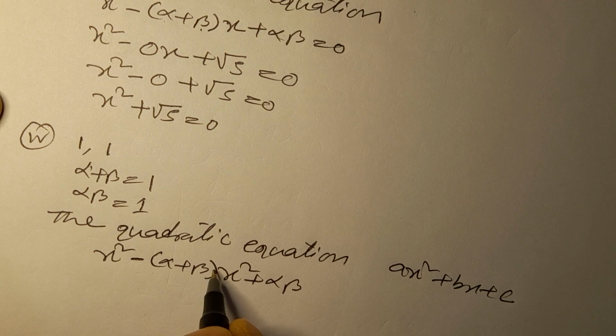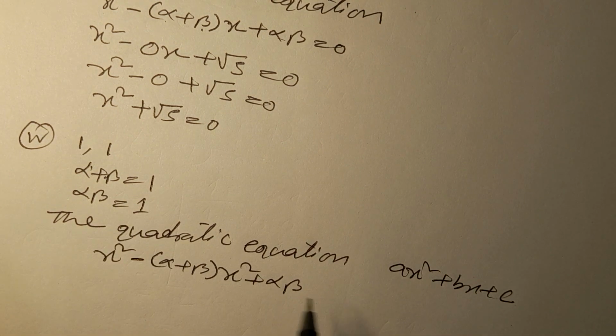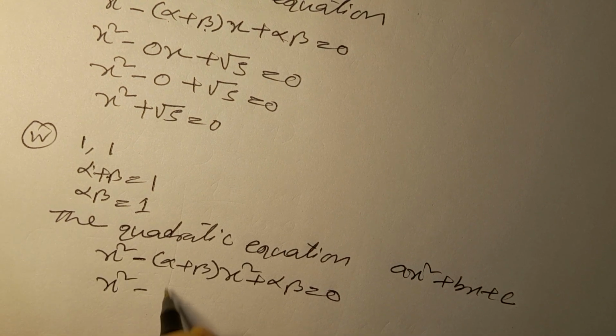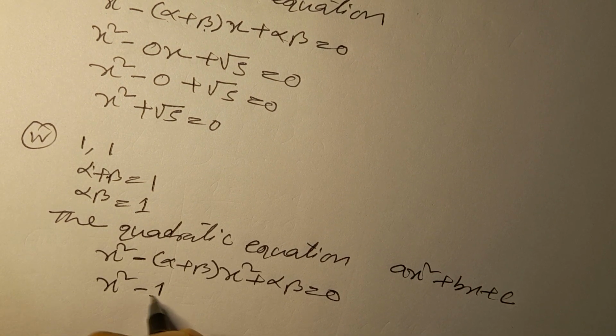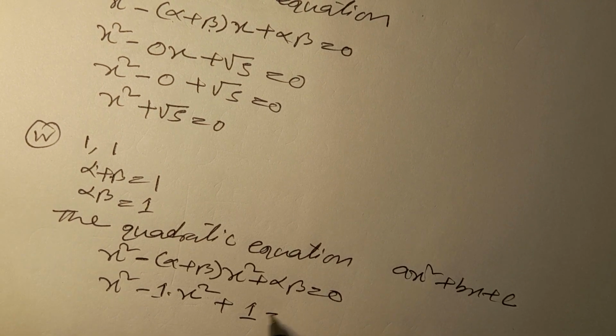So the sum of zeros is 1 and the product is 1. Now place it: x square minus sum 1, x plus product 1 equal to 0.